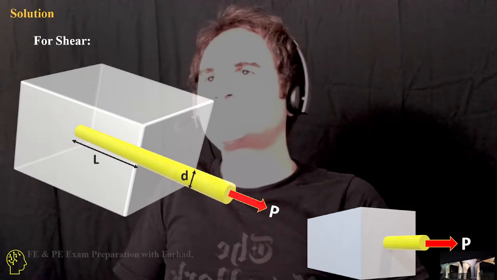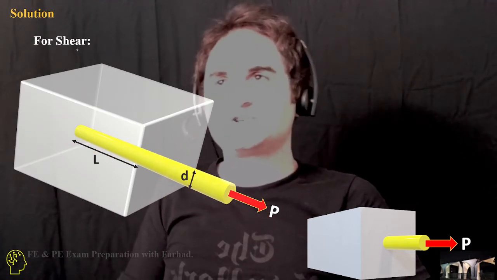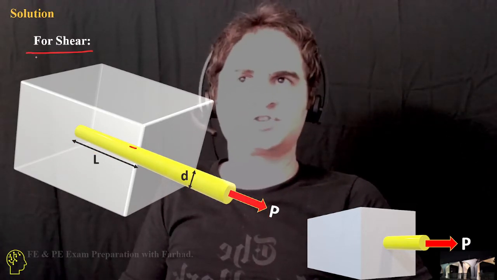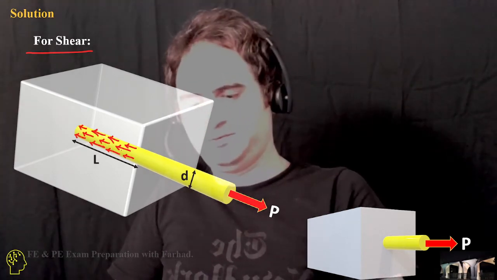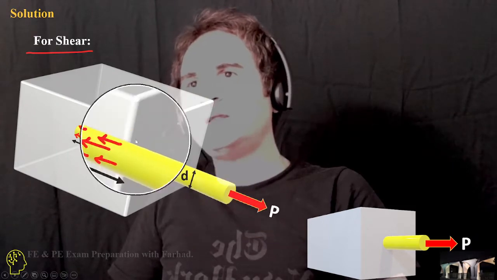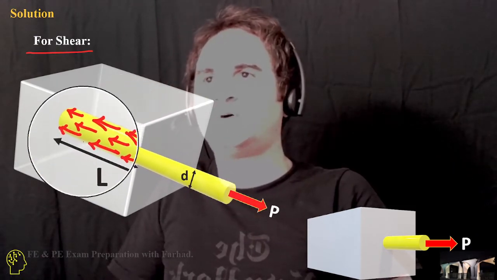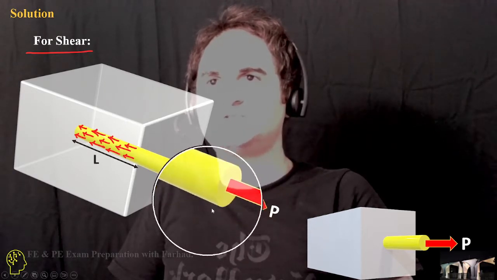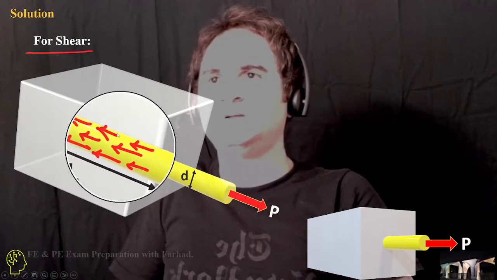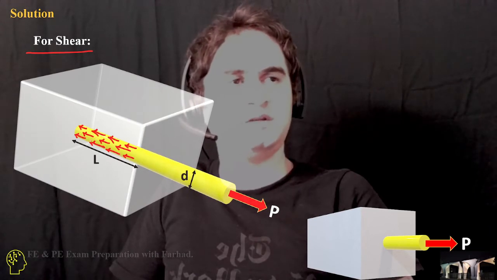So the first part is just to look at the shear area. For shear force, when you start taking out the embedded part, applying the pulling force in the positive x direction to the rod, the embedded part tries to prevent it from coming out.